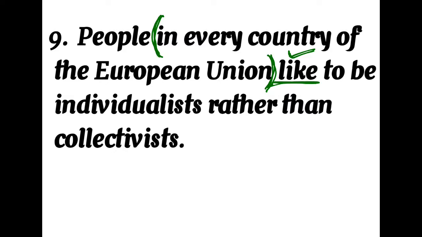This is an organization of countries situated on the European continent. European Union is an organization. It is one thing. It likes or it like. Now, if a verb had to agree with this thing, we would definitely have put likes.